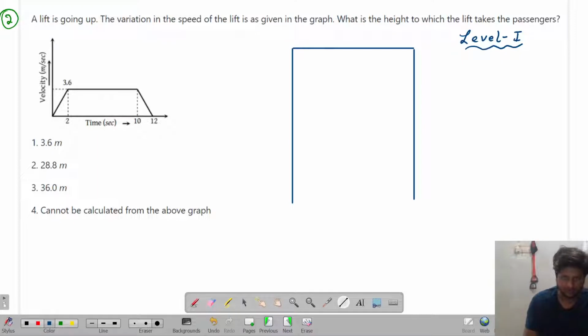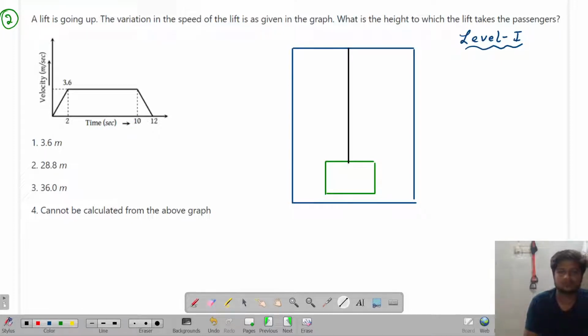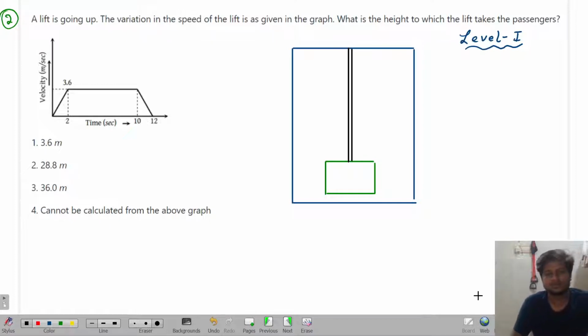Okay, you try to solve this. Two minutes are going to get over fast. It's a really easy problem.